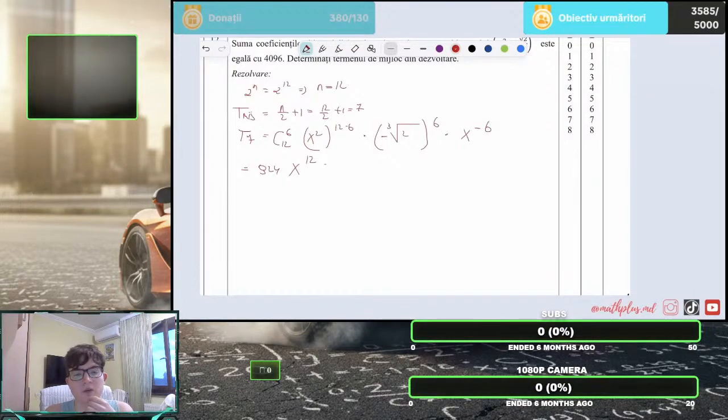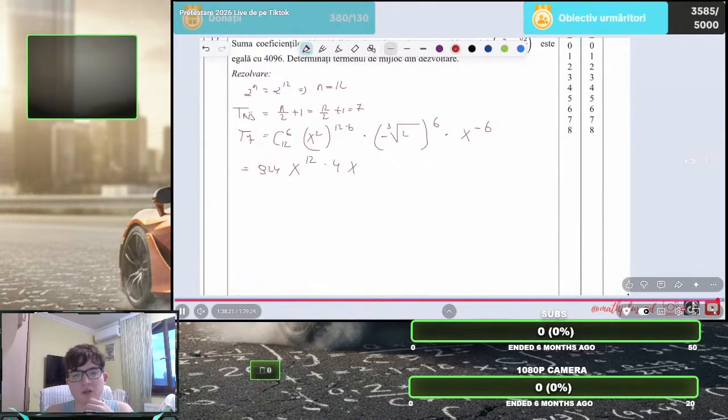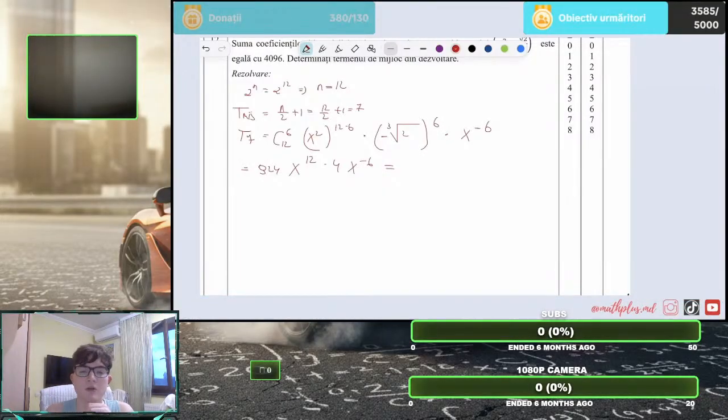So right here we have obviously x to the power of 12, and here we have 2 to the power of 1 divided by 3 times 6, so that's 2 to the power of negative 4 essentially. But where did the negative sign go? Oh, it's all to a positive power, so it disappears, so x to the minus 6 right there.